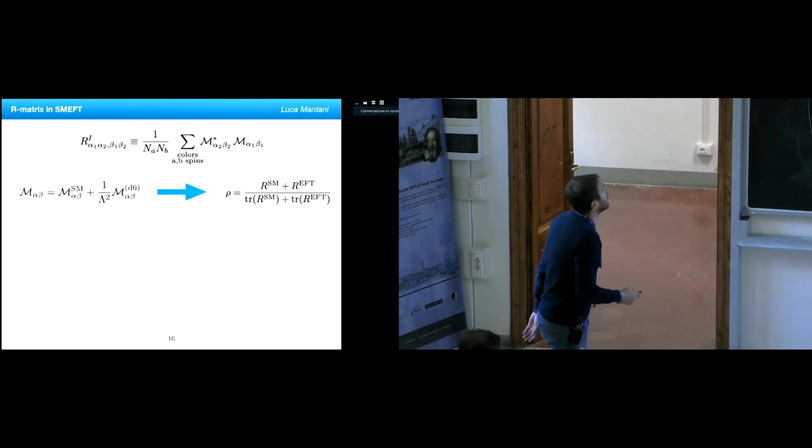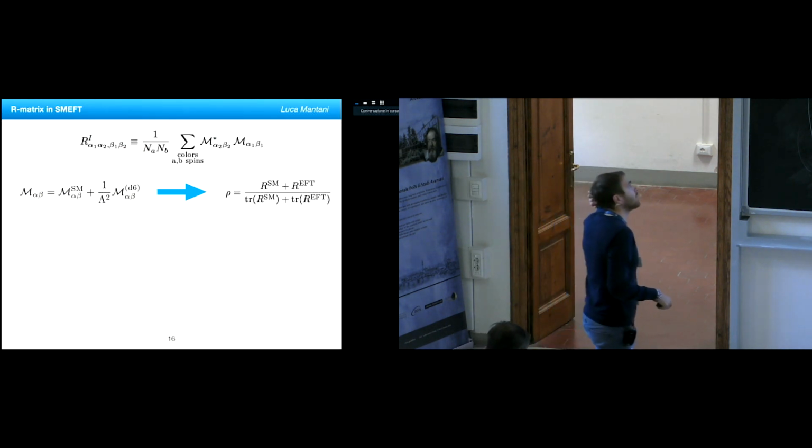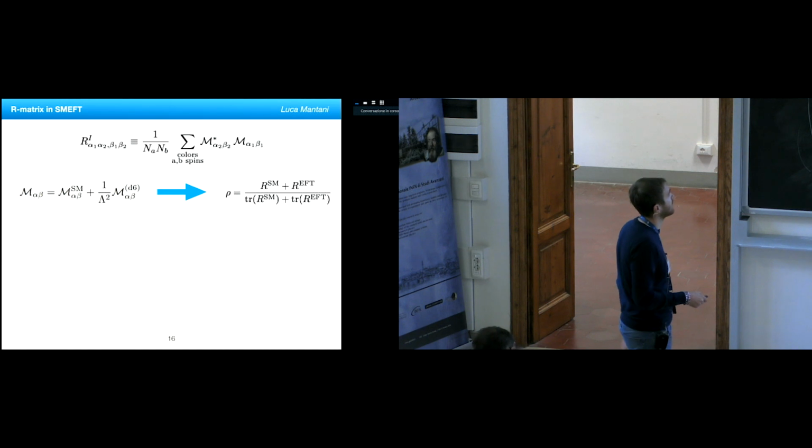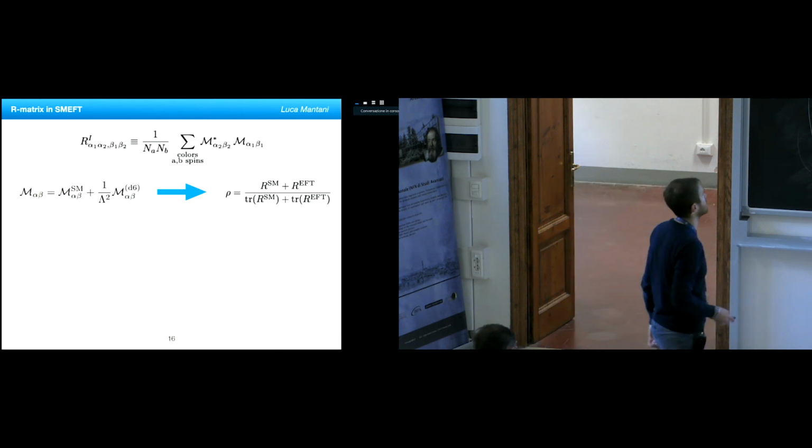Okay, go back to the problem of top pairs in the SMEFT and density matrices. We have what happens to the R matrix in the SMEFT. Again, the R matrix is the cross product of the LHC amplitudes. Now the LHC amplitude is going to be corrected by higher dimensional operators, and therefore we're going to have corrections to the density matrix.